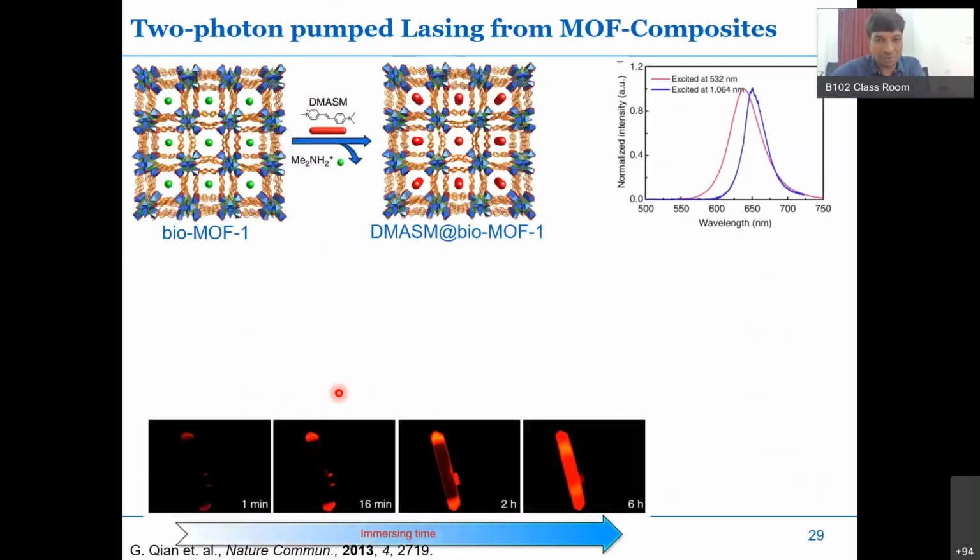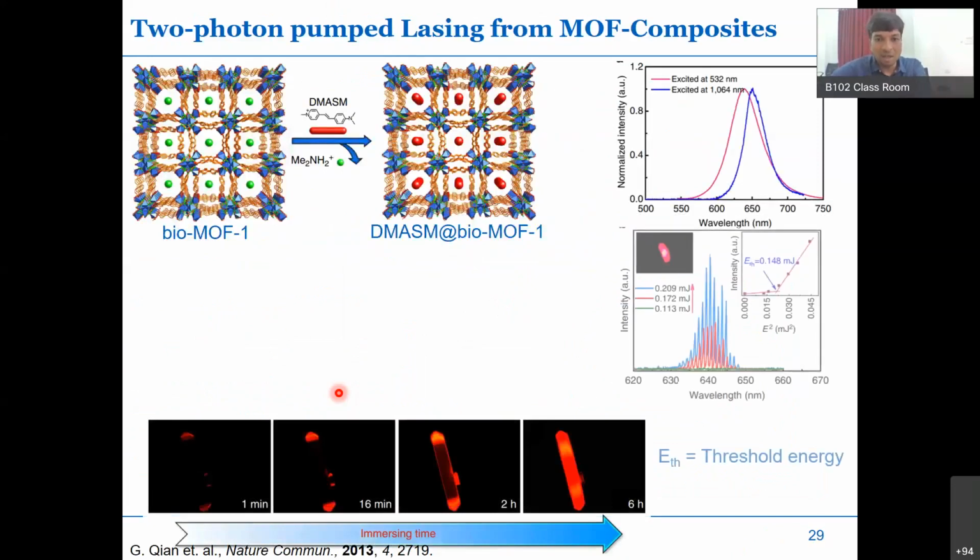I just want to give you a few examples. One of our friends prepared an anionic framework, where the guest molecules are cations, which can be replaced with dye molecules by soaking the material.